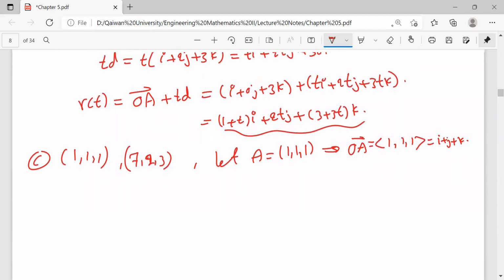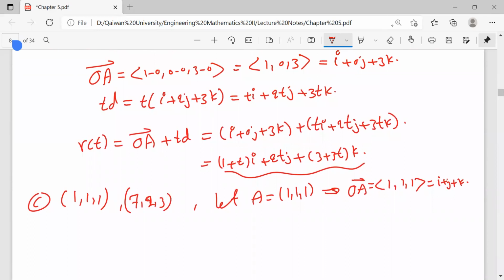This is OA. Now we should find t times D, but here we have not been given D. Let's say this is B. D is the vector that you obtain from these 2 points, BA.